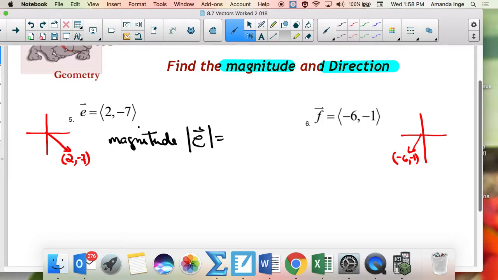So the magnitude of vector E would be the square root of 2 squared plus negative 7 squared. So hopefully you got 4 plus 49. So did you get the square root of 53?